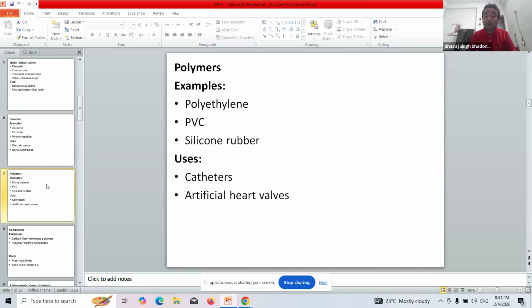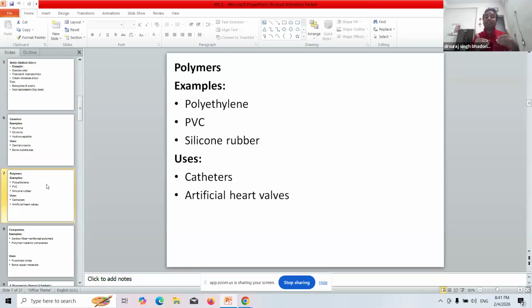Next is the polymers. The polymers are generally polyethylene, PVC, silicone rubber. Generally they are used for catheters and artificial heart walls, because again here we want the propagation with flexibility. We don't want rigidity, because if there is rigidity, it causes trauma. It causes rupturing of any blood vessels or any urethral passage.